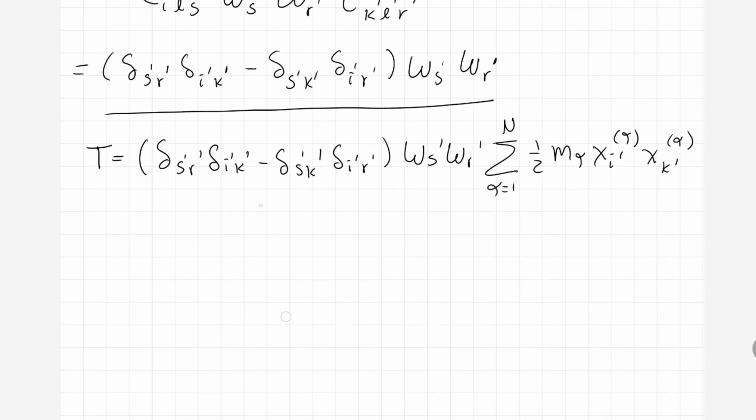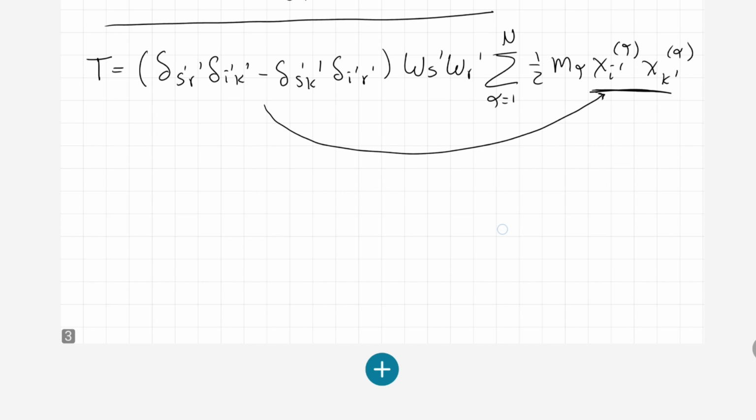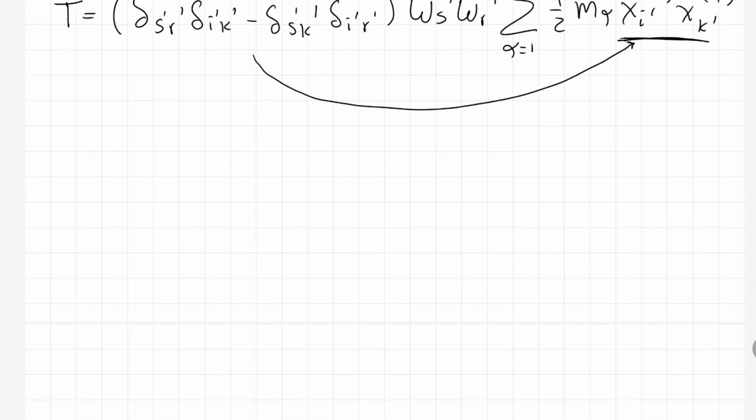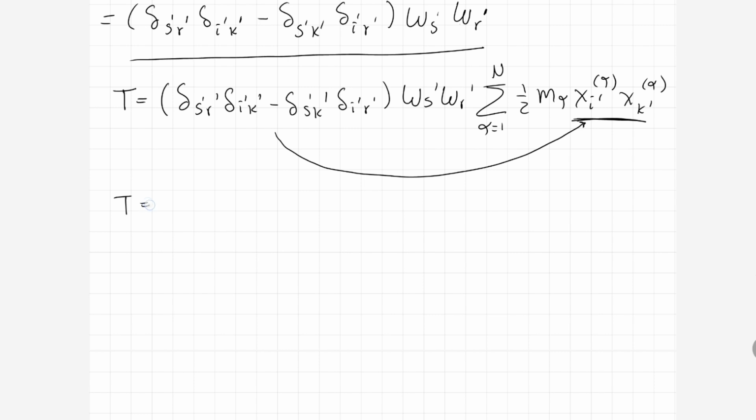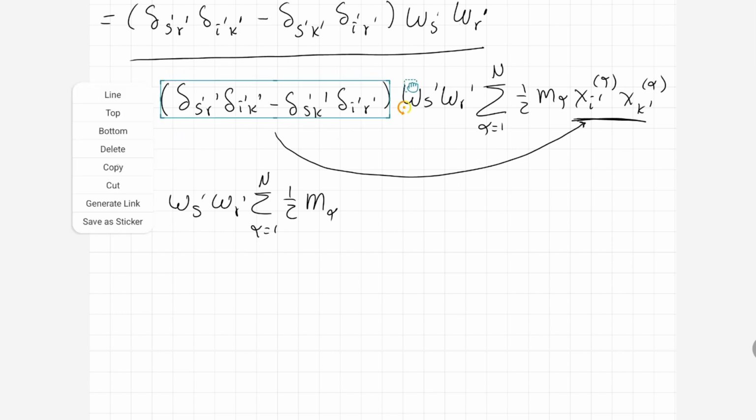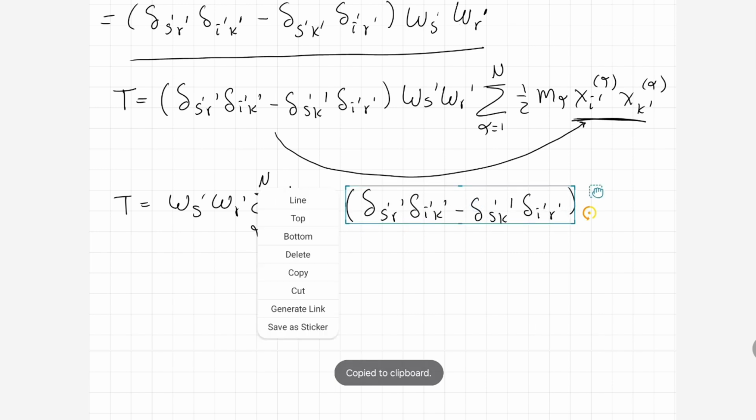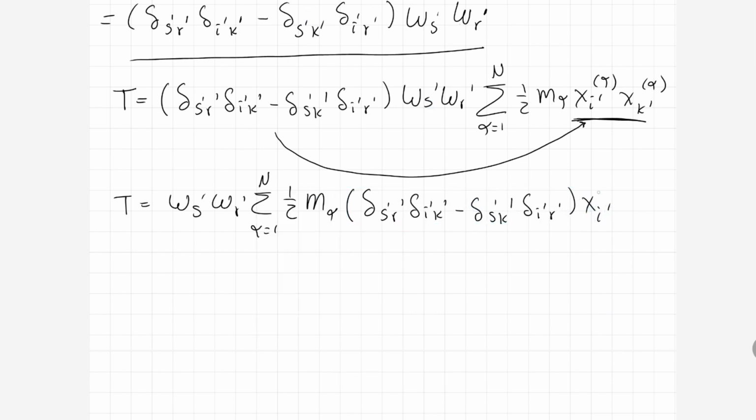So what we are going to do now is to take these Kronecker deltas into the sum to multiply these xi and xk with these Kronecker deltas to see what we are going to get. So let me write this as T equals omega s omega r, the sum from alpha equals 1 up to n of 1/2 m sub alpha, and then all this product of Kronecker deltas here times xi alpha xk alpha.